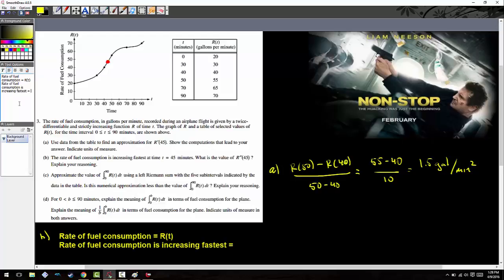Well, that means that r prime of t is hitting its maximum slope. In other words, the slope of r prime of t is going from plus to minus, right?